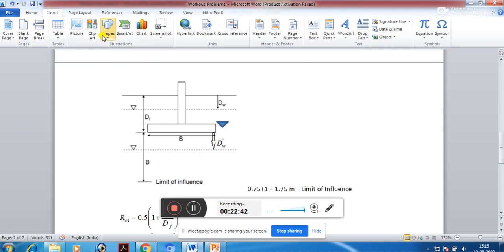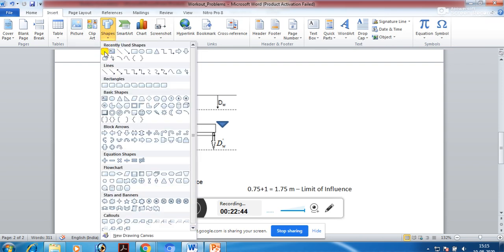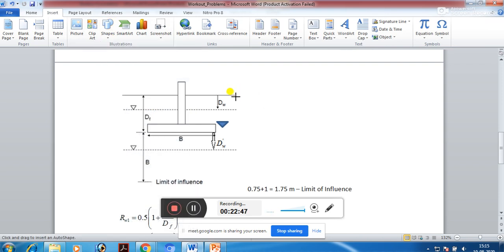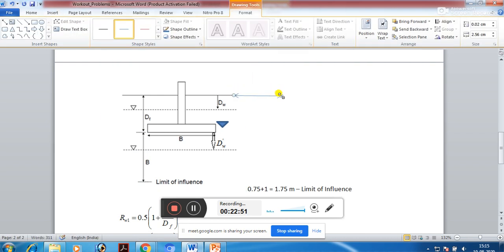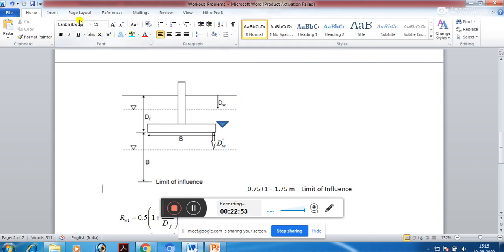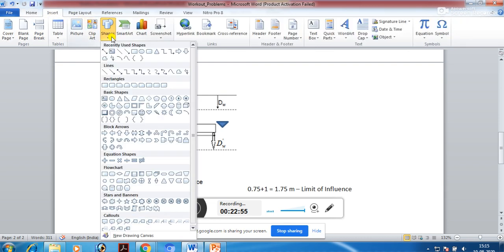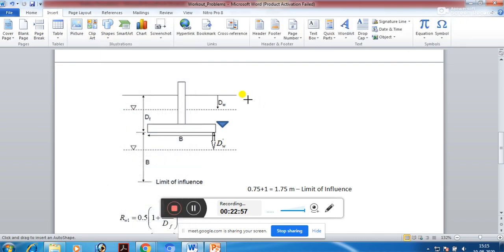I'll try to show it. This is your ground level. From this ground level, the water table is remaining at a depth of 0.35 meter.